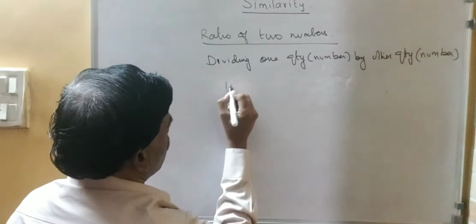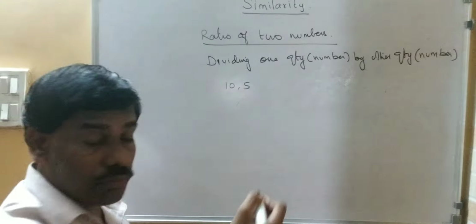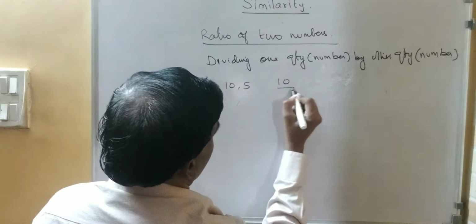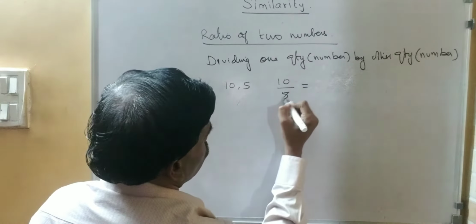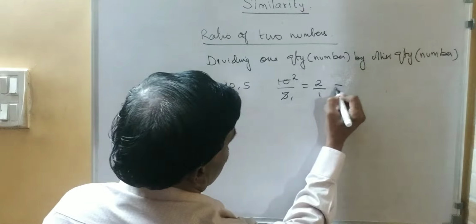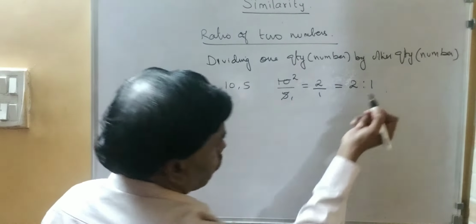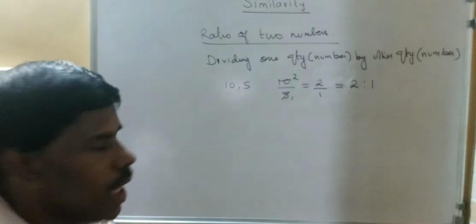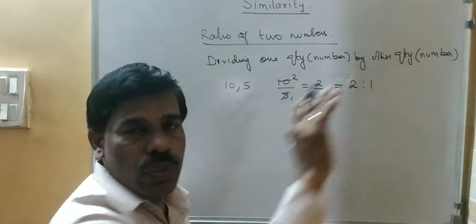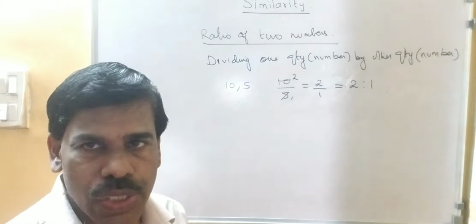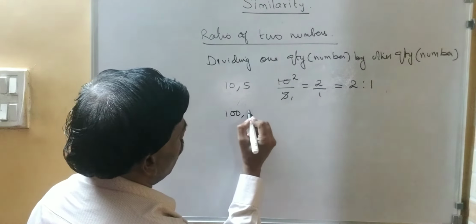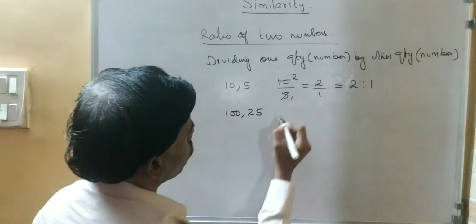Now look at this: 10, 5. What is the ratio of these two numbers? 10 upon 5. So 5 ones are 5, 5 twos are 10. So 2 upon 1, we call it 2:1. Now similarly, 100, 25.